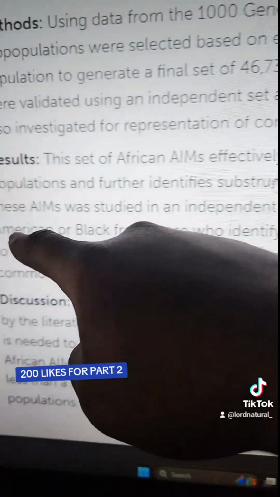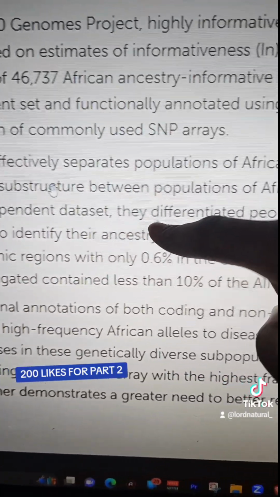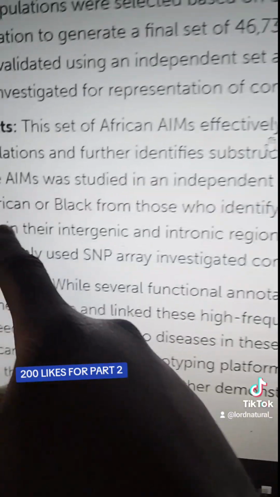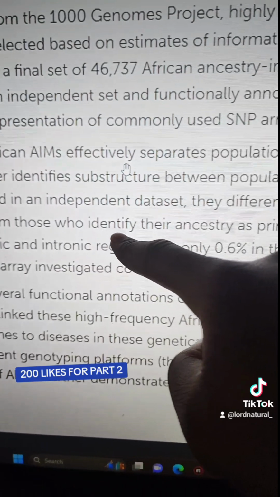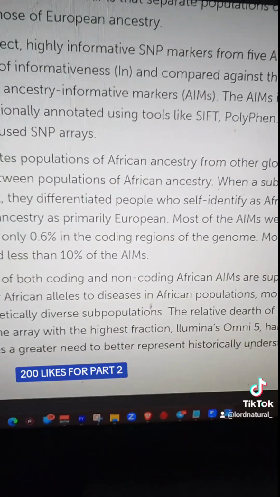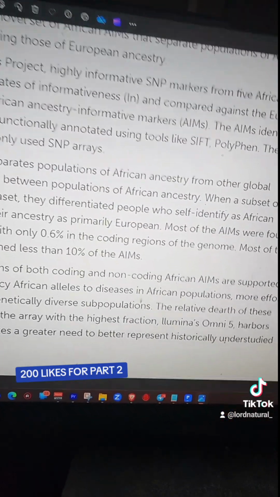When a subset of these AIMs was studied in an independent data set, they differentiated people who self-identify as African American or Black from those who identify their ancestry as primarily European. So they separated them. Watch this next part.